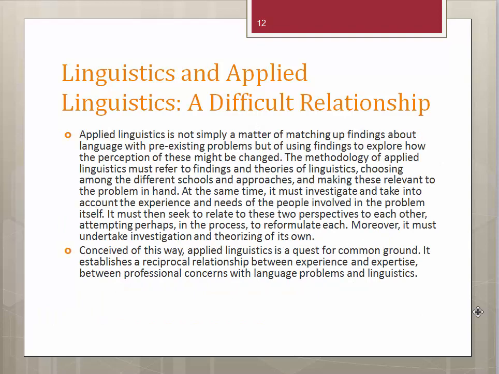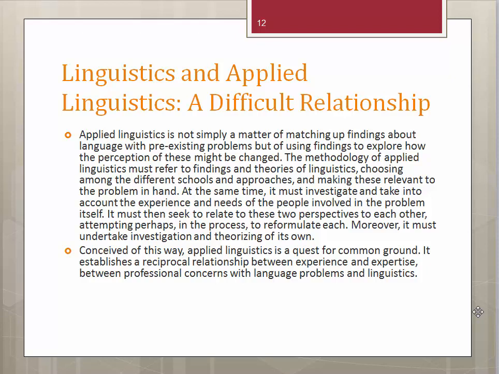Applied linguistics is not simply a matter of matching up findings about language with pre-existing problems, but of using findings to explore how the perception of these might be changed. The methodology of applied linguistics must refer to findings and theories of linguistics, choosing among different schools and approaches and making these relevant to the problem in hand.